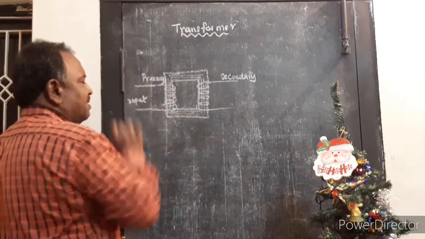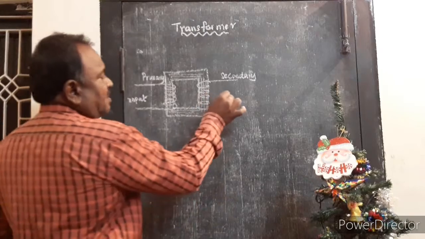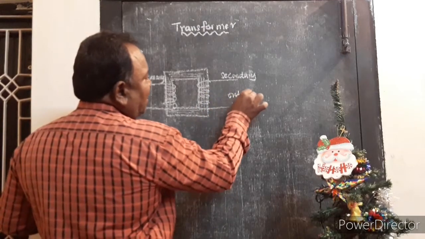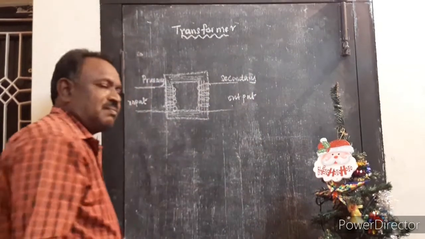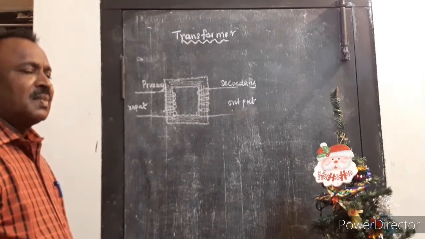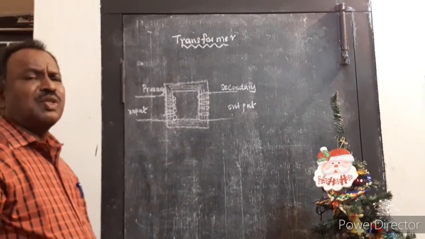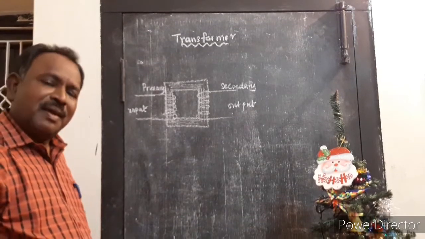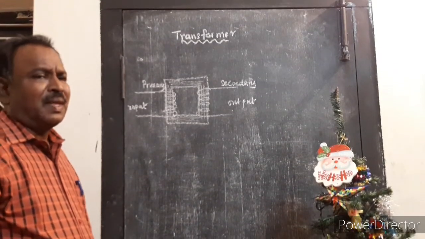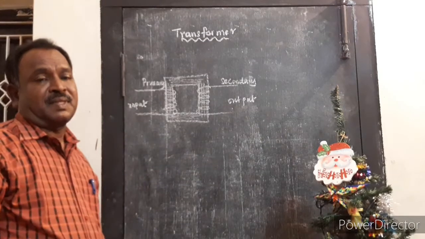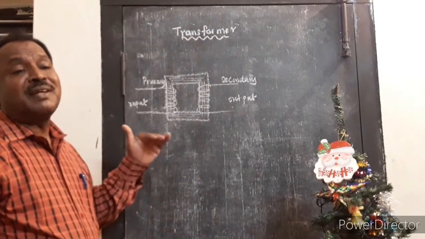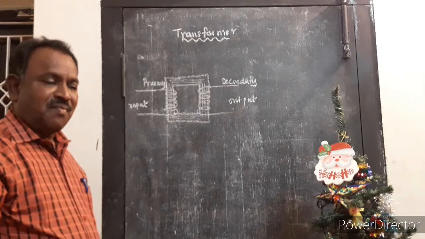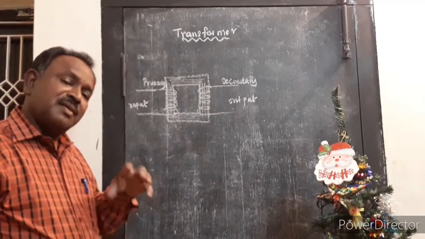Input power is supplied to the primary coil, and the output is taken across the secondary coil. This transformer works on the principle of mutual induction. Usually in a transformer, coils with very high mutual induction are selected.